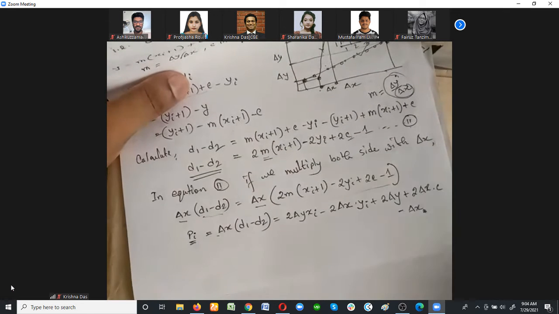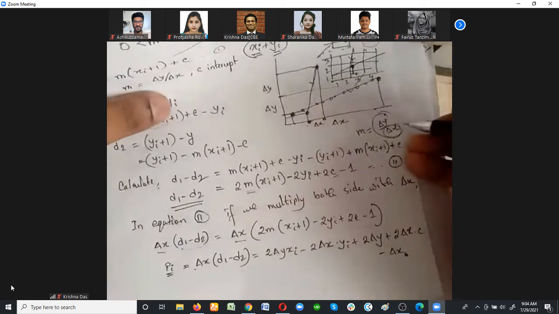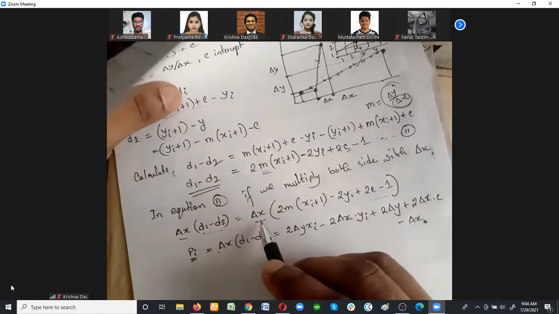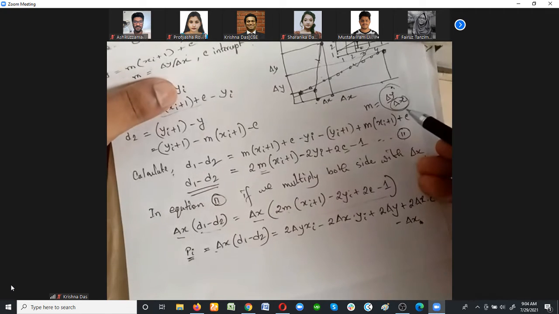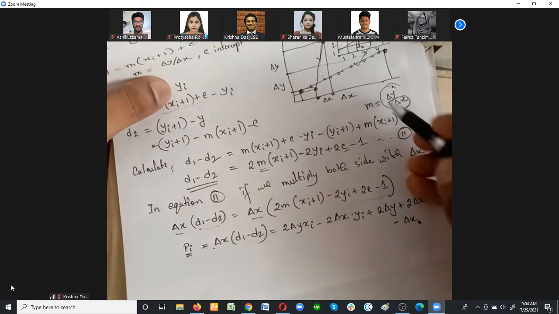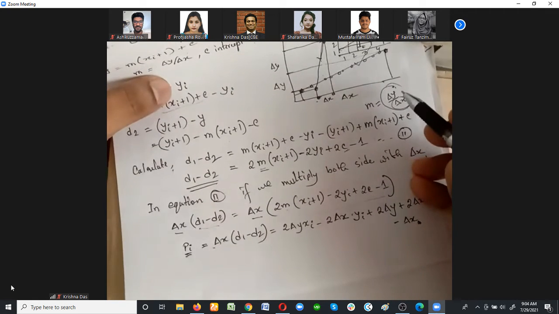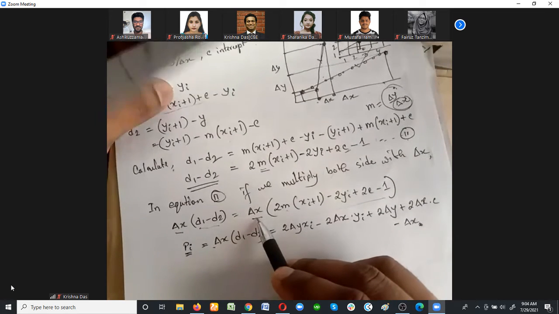Yes, we have considered m as del y minus del x. That's why we multiplied with del x: there is a chance of having a fraction, so to avoid it we multiplied by del x. That is the only reason.